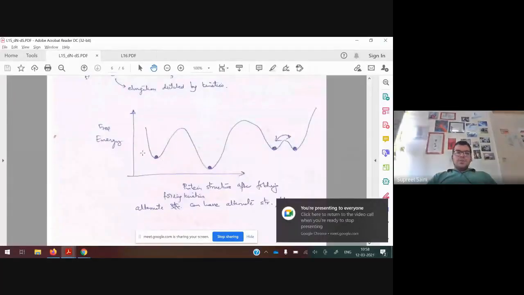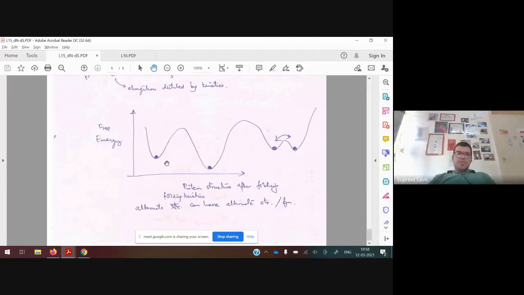So maybe the fully folded configuration was this configuration on the left, and where the two domains folded separately was this configuration on the right. Now, in order for the two configurations to switch from one to another, there is a big energy barrier here.